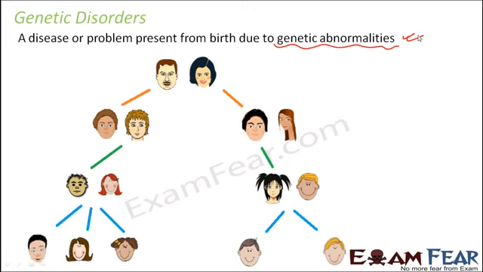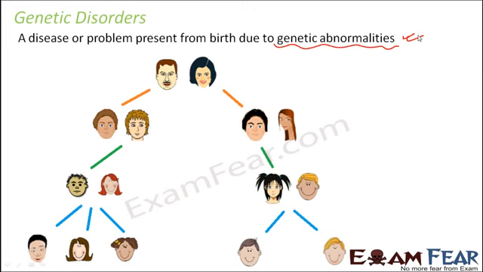By now we already know that if we know the genetic makeup of both the parents, we can predict what kind of offspring can be produced by this couple. So wherever there is a possibility that a couple might give birth to a kid who might have a genetic disorder, maybe some preventive measures can be taken. That is the purpose of studying genetic disorders.